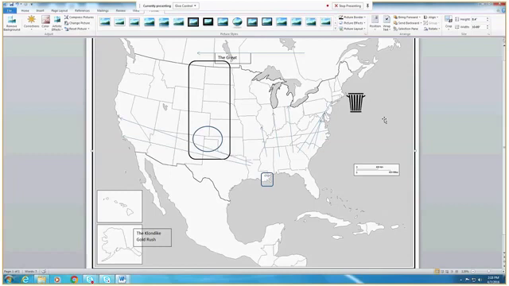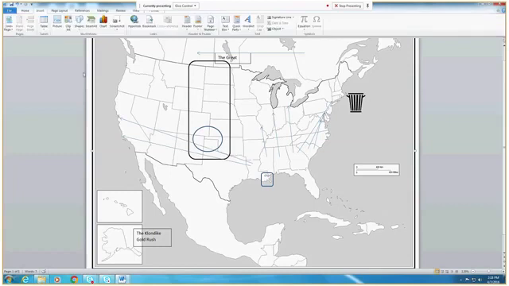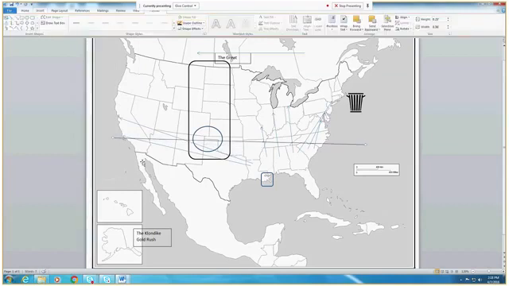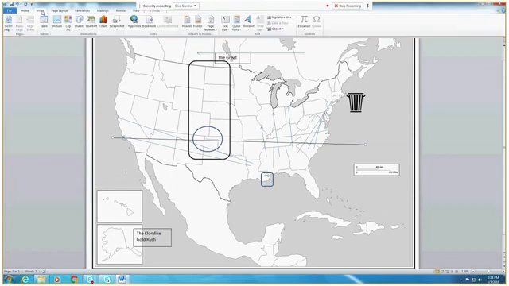So what I would like for you to do is to draw an arrow distinguishing, first of all, where the Sun Belt is. So I'm just going to draw a line across the bottom here to indicate where the Sun Belt would be located. And then I also want you to include where the Rust Belt is. So I'm going to do a circle here.